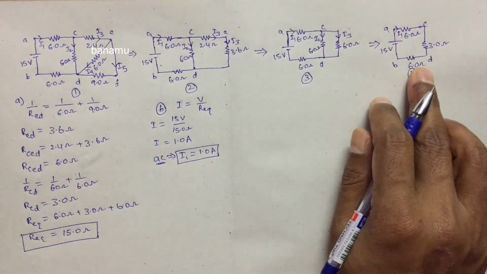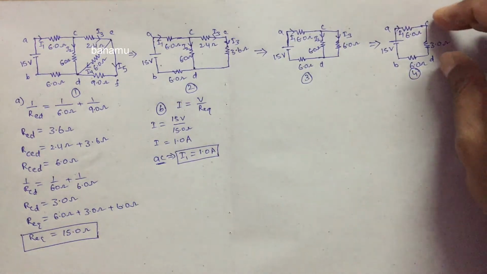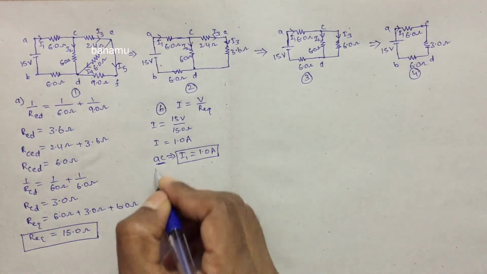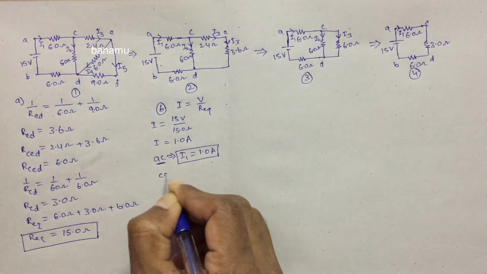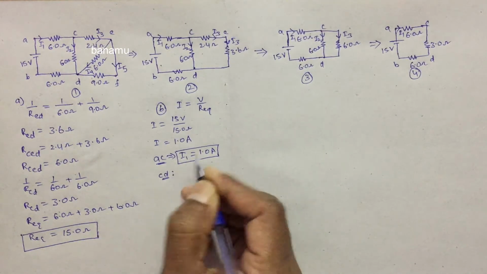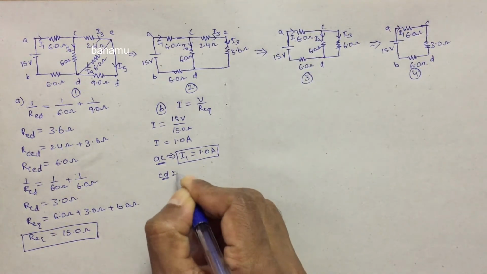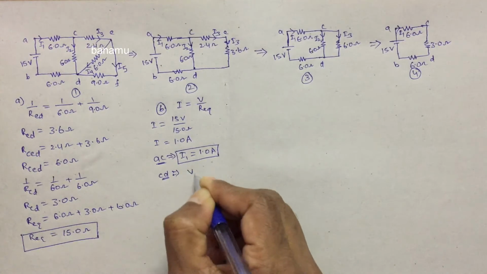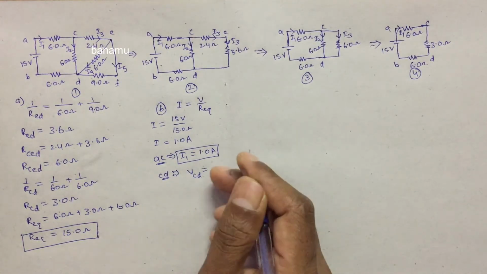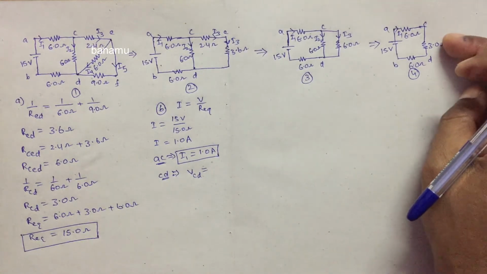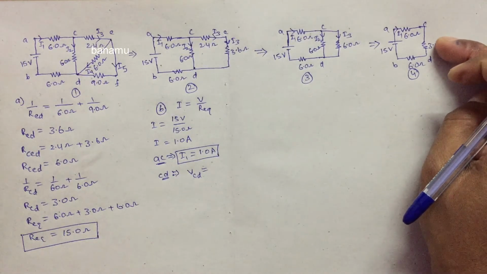And consider the current between C and D. First of all, the potential difference between C and D: VCD is equal to the current through the circuit times that resistance.